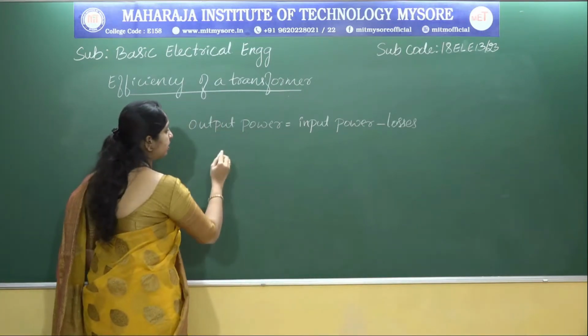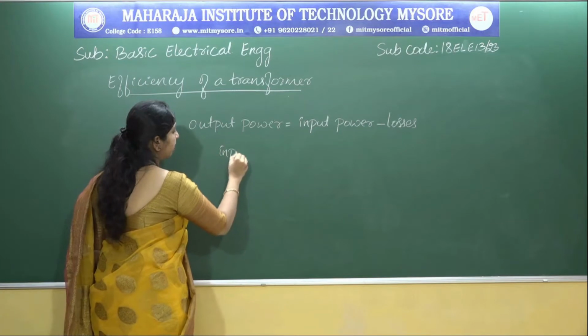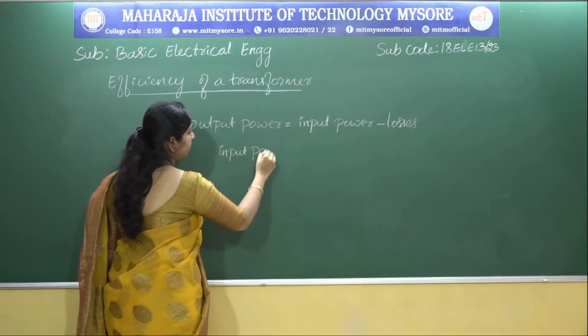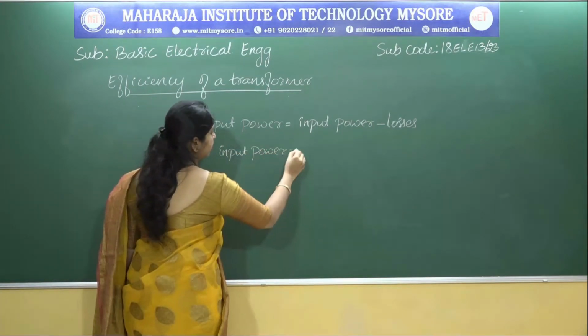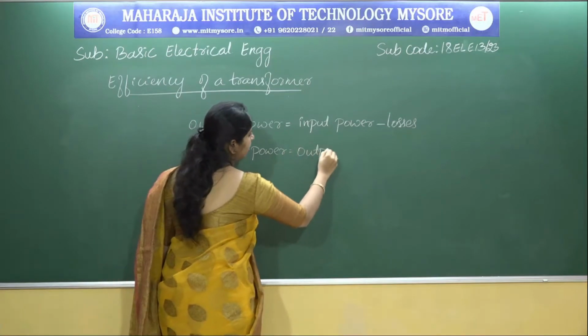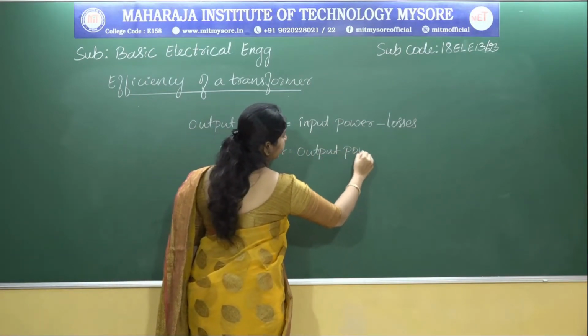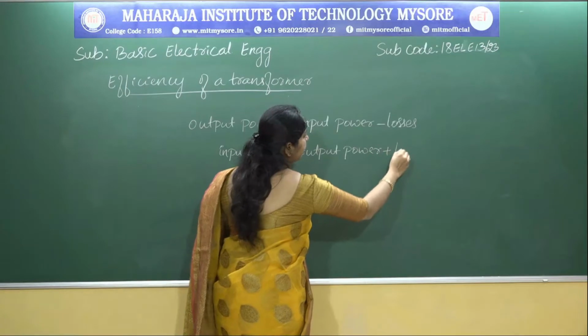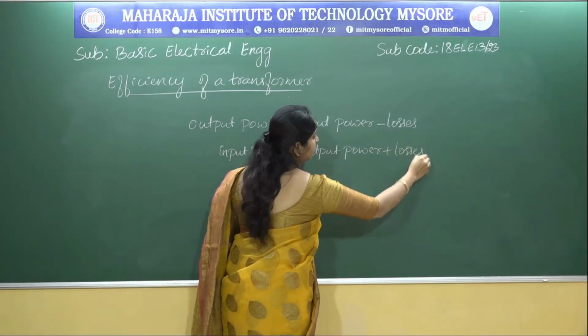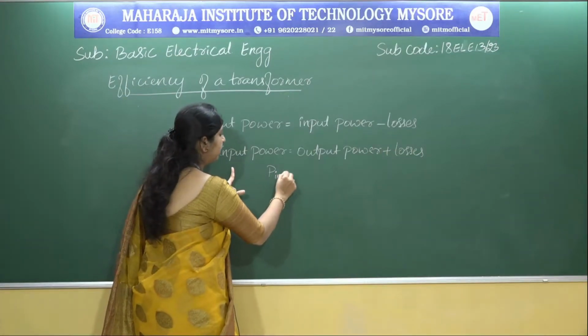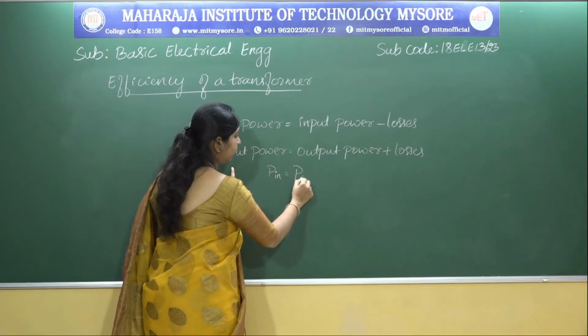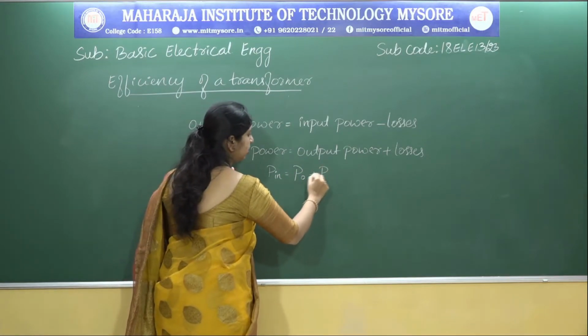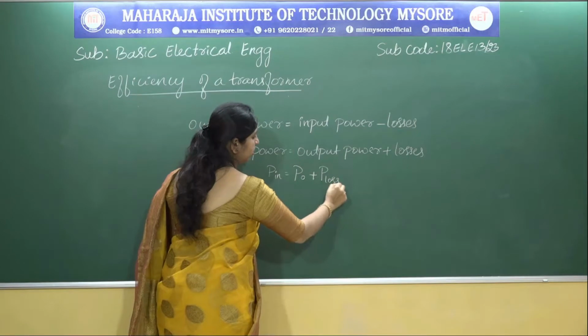So how do we express input power? Input power can be expressed as output power plus losses, or I just represent it as P in equals P out plus P loss.